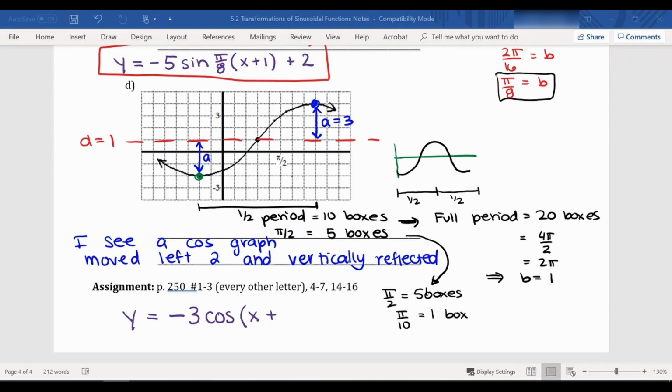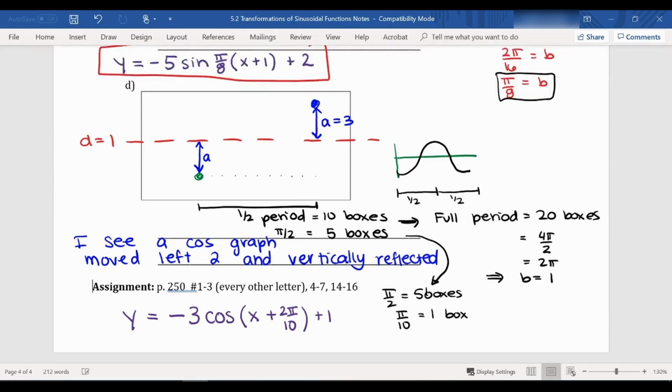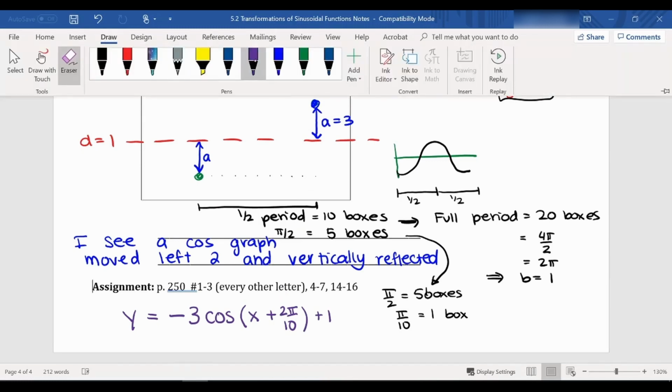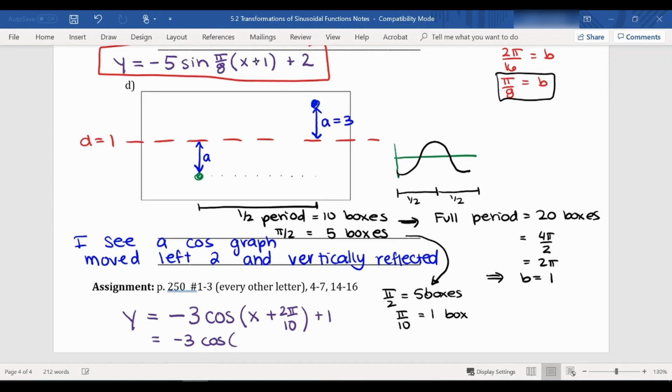So 2 boxes is going to be 2 pi over 10. And then I moved up 1 for my displacement. And I should fix that 2 pi over 10 there to be pi over 5 plus 1.